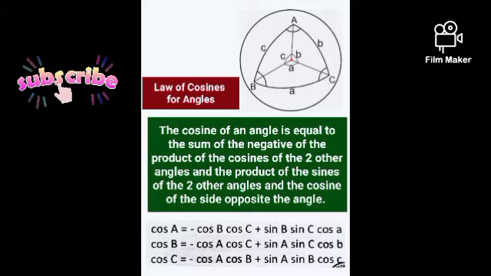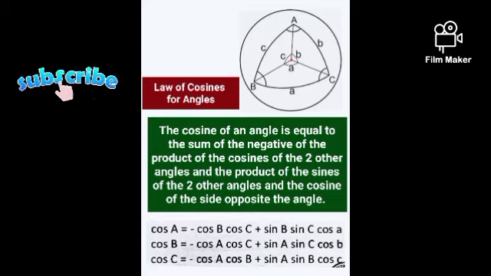Now we write the equation for angle capital B from the law of cosines. If you are considering angle capital B, the two other angles are angle capital A and angle capital C, and the side opposite angle capital B is the side small letter b.